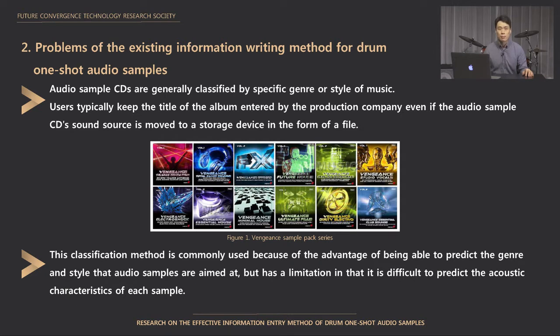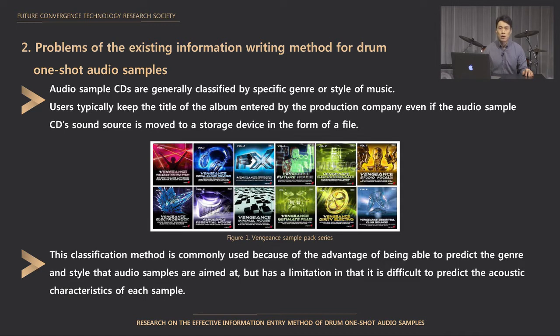When handling the samples, the genre and style entered by the production company have the greatest influence on the selection of audio samples. Users typically keep the title of the album entered by the production company, even if the audio sample CD's sound source is moved to a storage device in the form of a file.